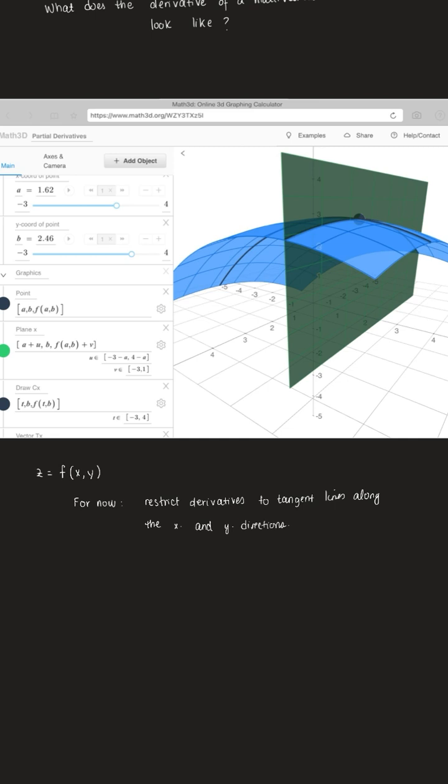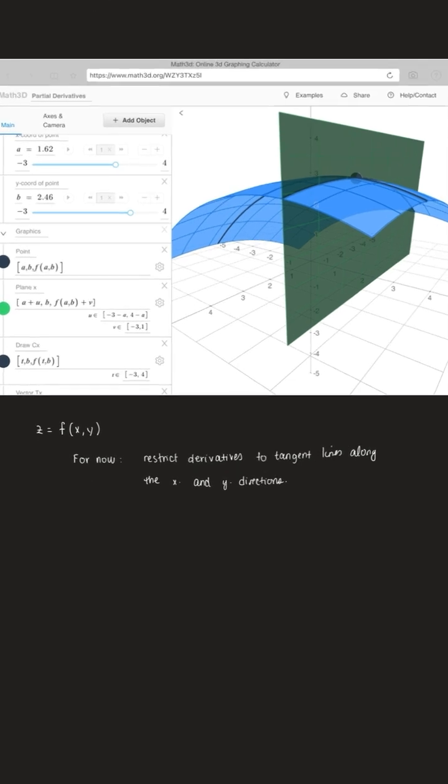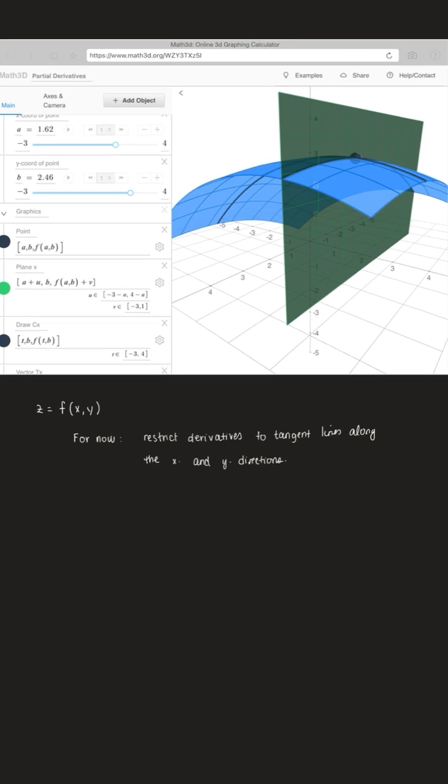So the first thing that we did is I just held y constant. So I held y constant and intersected the plane at that y value with the surface. What that does is it created a curve that is the intersection of the surface and the plane, and for that curve, we will be able to have a slope of a tangent line at the point, right?